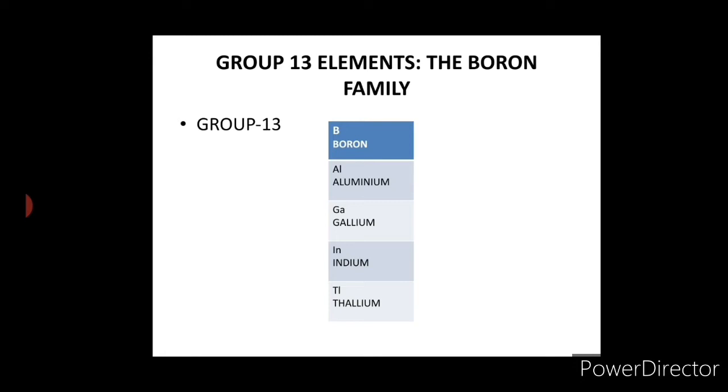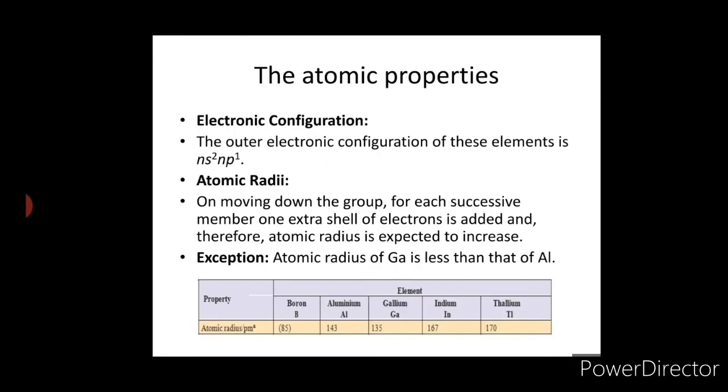The members of this group are boron, aluminium, gallium, indium and thallium. Now we will discuss the atomic properties like electronic configuration, atomic radii, ionization enthalpy, metallic character, etc.